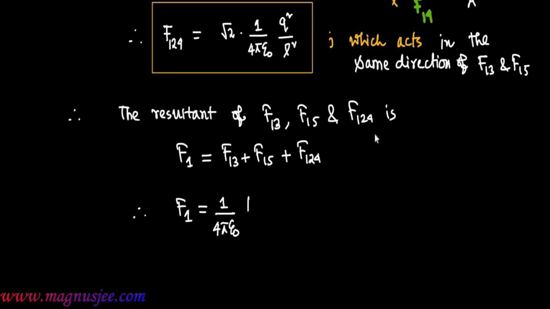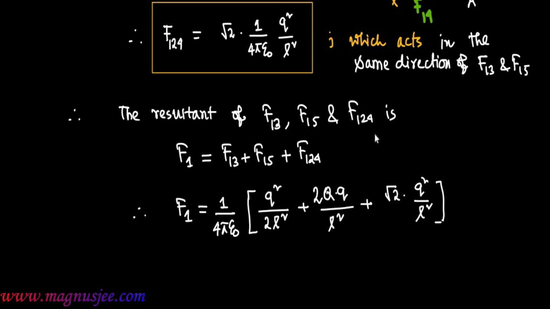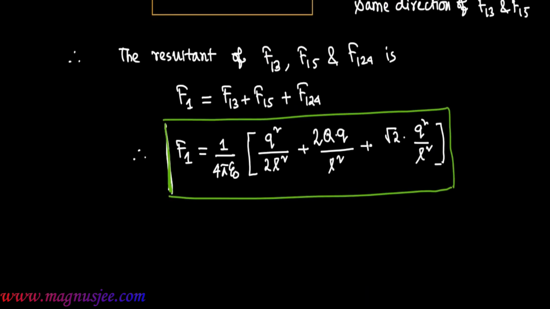Therefore, F1 equals 1 by 4 pi epsilon 0 under bracket q square by 2L square plus 2 capital Q small q by L square plus root 2 q square by L square.